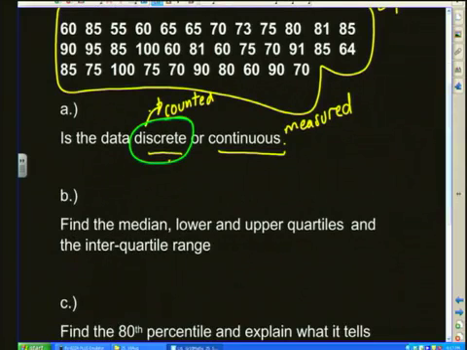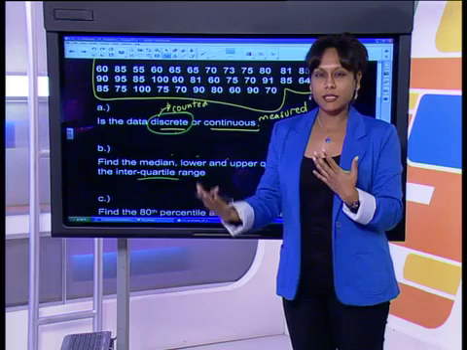All right, part B: find the median, the lower and upper quartiles, and the interquartile range. Before we can answer, you take your 34 marks and order them from smallest to biggest value.